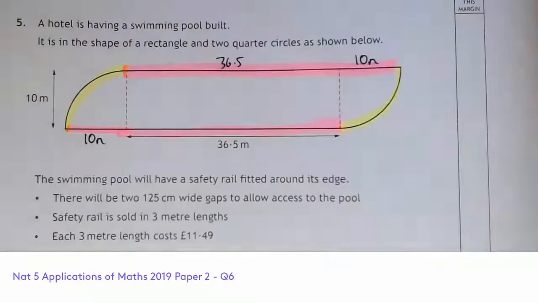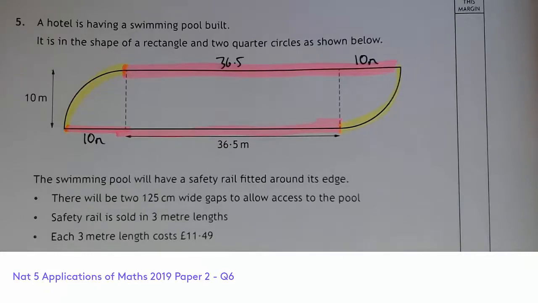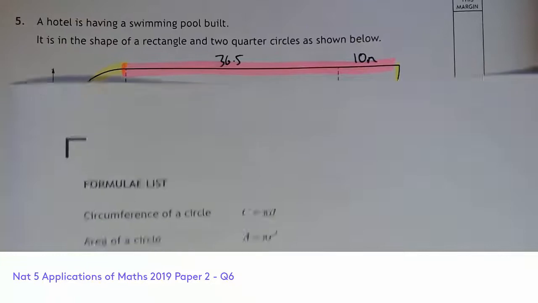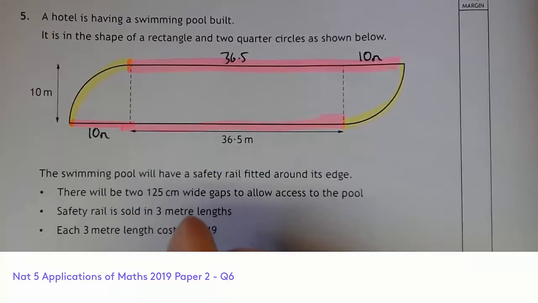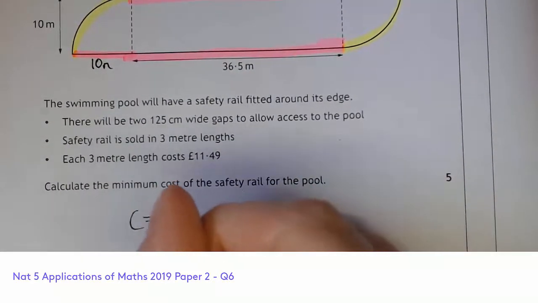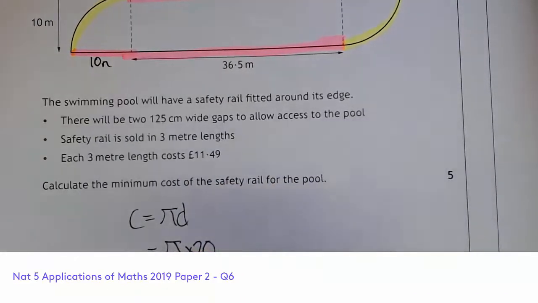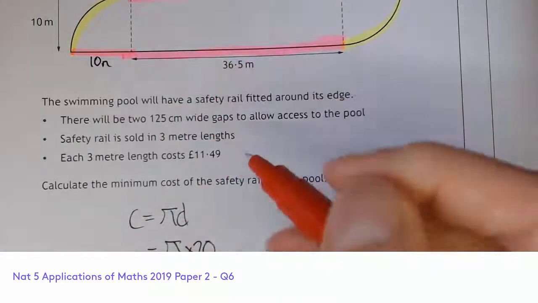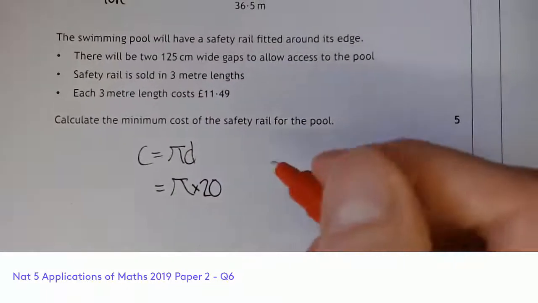So you now know the whole side of that, and the whole side of that. The main thing is working out the circumference of the quarter circles. And remember, inside the front cover, the circumference of a circle is pi d, and d is the diameter. So circumference is pi d. Now the radius is 10, so the diameter is 20. Now you want to work out the fact that it's 2 quarter circles, so you can go pi times 20.